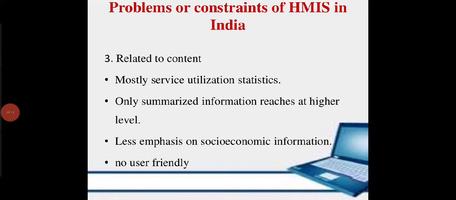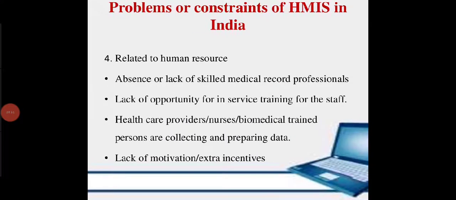Based on them, certain statistics will be taken, and only a summary will be sent to the higher level. Okay, the whole process or entire information will not be sent, only the summary, what result you got at last, will be sent to the higher level. And on socio-economic information there is less data and it is not user friendly.